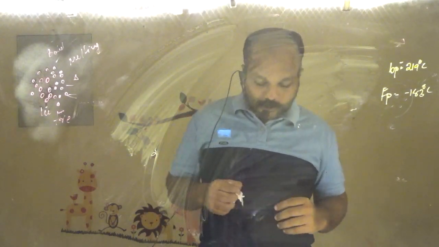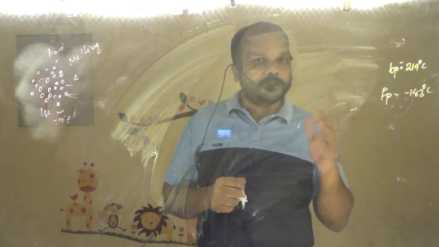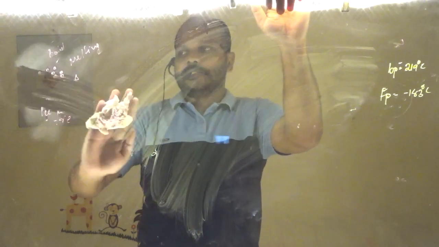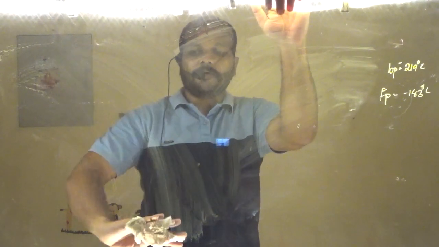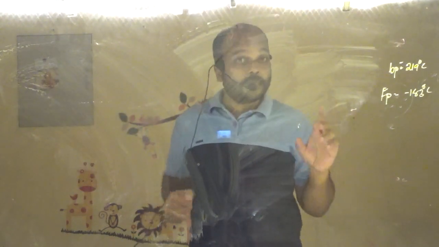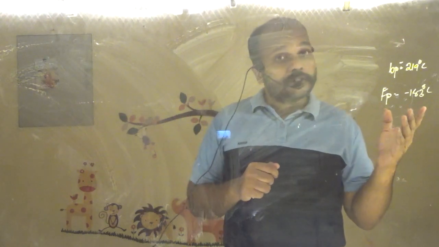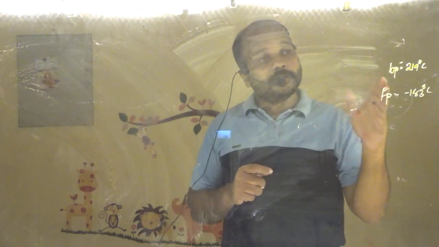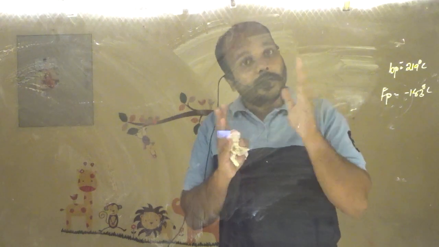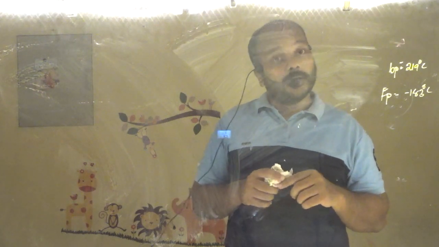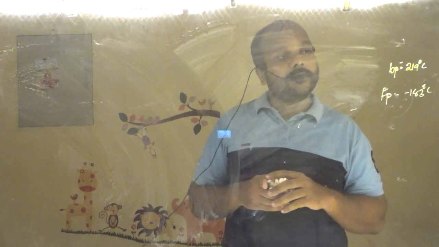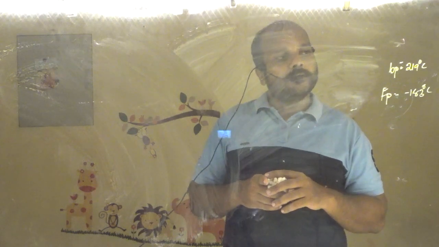Now the question is, in which state is oxygen at 0 degrees Celsius? Guess whether it is in solid, liquid, or gaseous state. In order to even turn it from gas to liquid, you need to go to the range of minus 209 degrees Celsius, the boiling point.